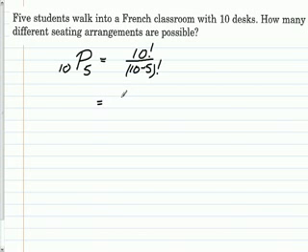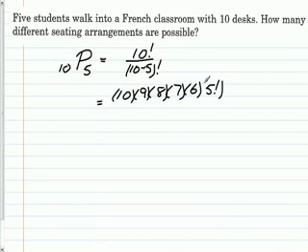And of course that's going to simplify out. Do 10 times 9, by 8, by 7, by 6, and then by 5 factorial. And on the bottom, we have the 5 factorial.